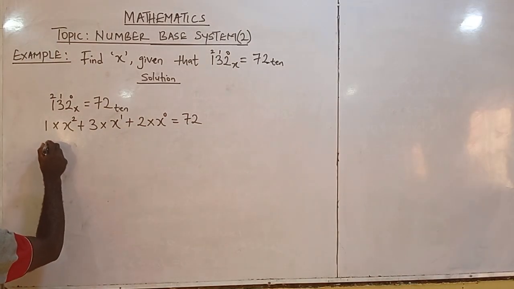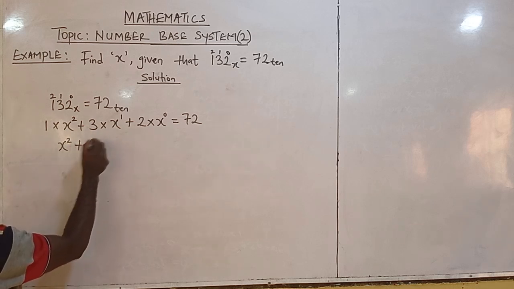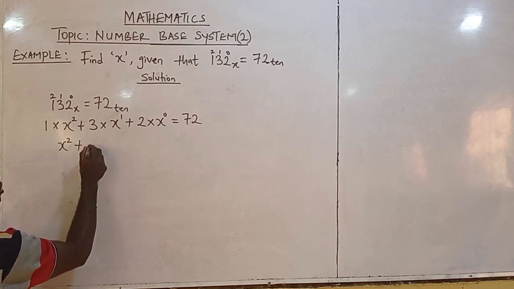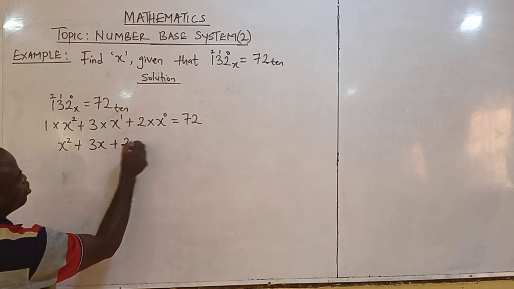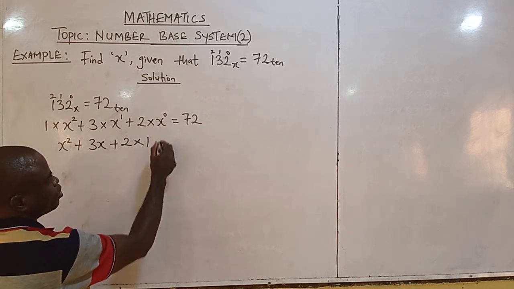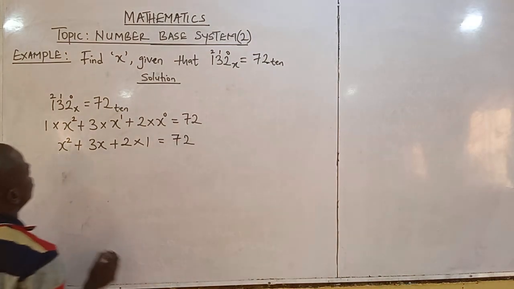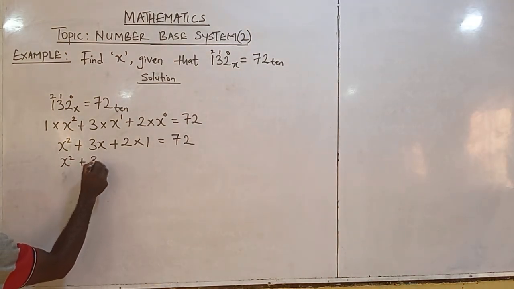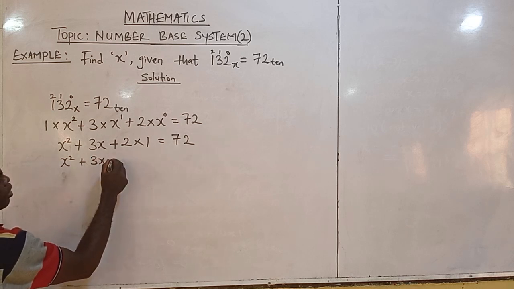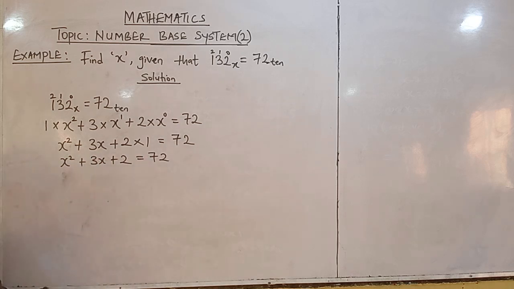Now I have 1 times x squared, that's x squared, plus x raised to power 1 is x times 3, that's 3x, plus 2 times 1, x raised to power 0 is 1, anything raised to power 0 is 1, equals to 72. We have x squared plus 3x plus 2 equals to 72.